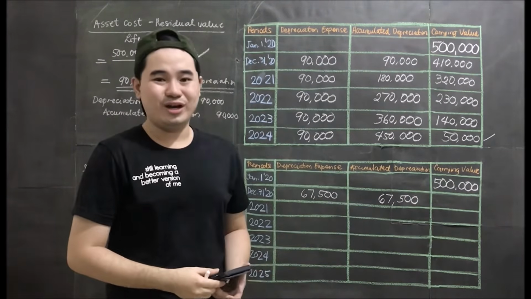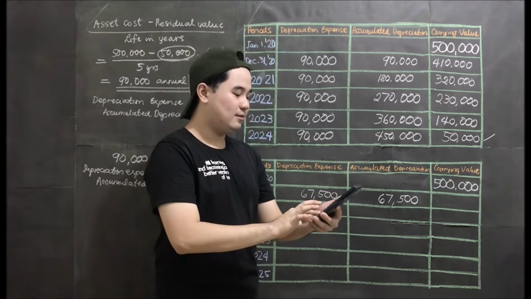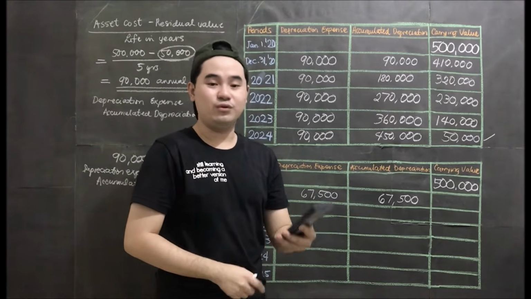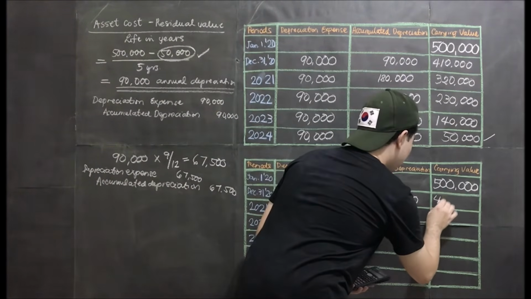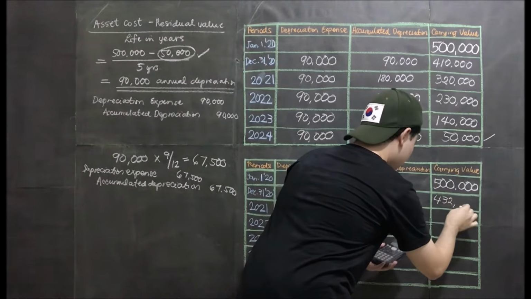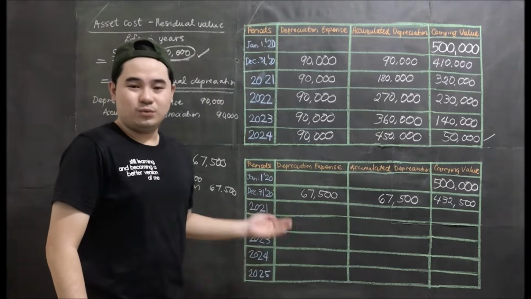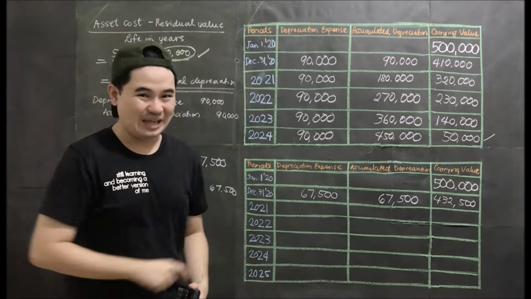But the same way on how you will get your carrying value. 500,000 minus 67,500 will give you 432,500. For 2021, buong taon mo siya nagamit. At dahil buong taon, edi 90,000.